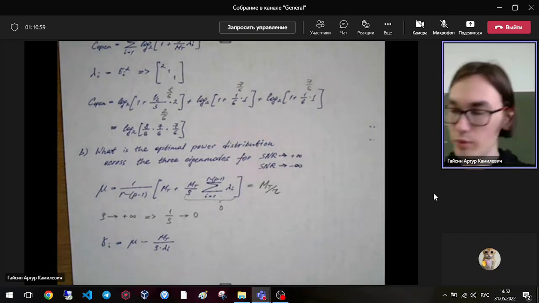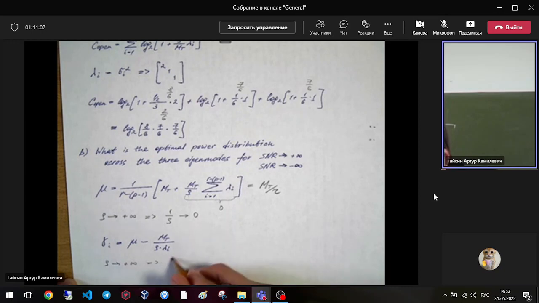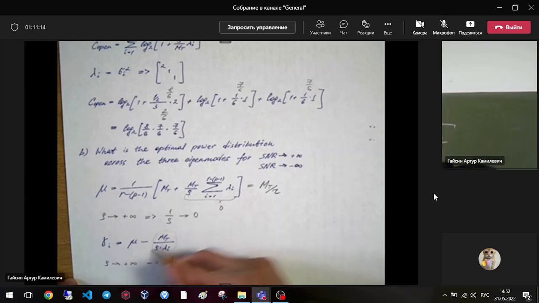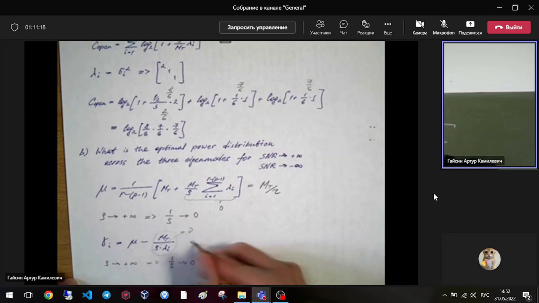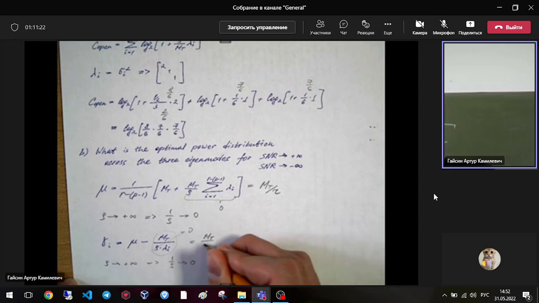In this case, we also use the same thing. So rho tends to plus infinity. In this case, 1 divided by rho tends to 0. This thing also goes to 0. And in this case, our power allocation is just MT divided by rho.